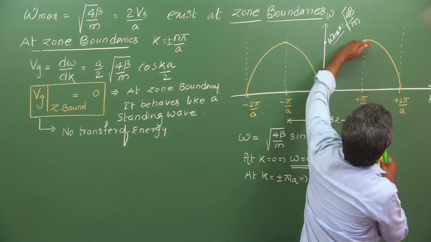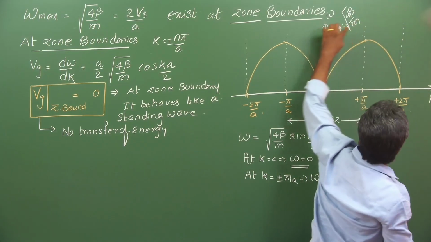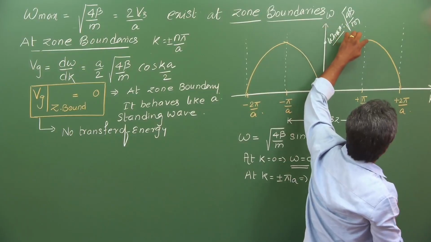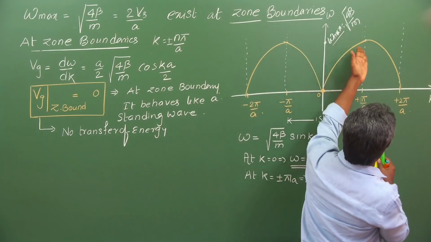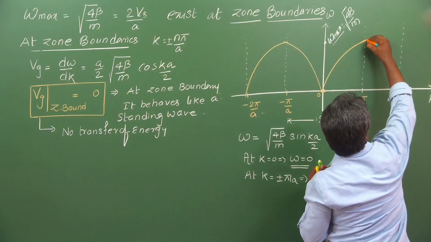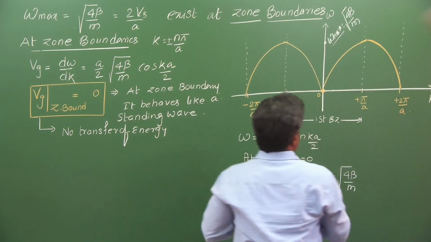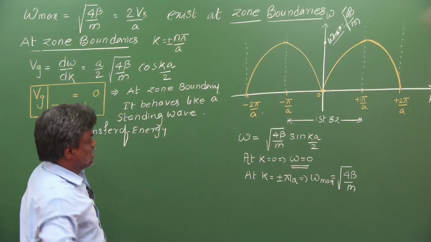So from this frequency it is not allowing any other waves of frequency greater than this, and at this zone boundary it becomes a standing wave. Is that clear? Wait a minute. Good. Okay, so we got this. Fine.